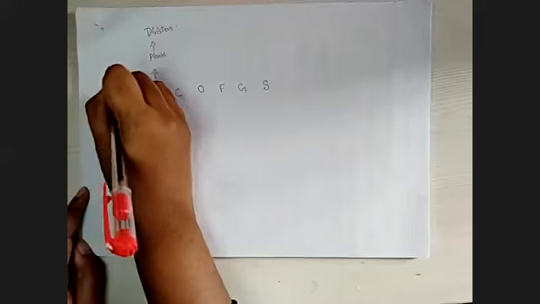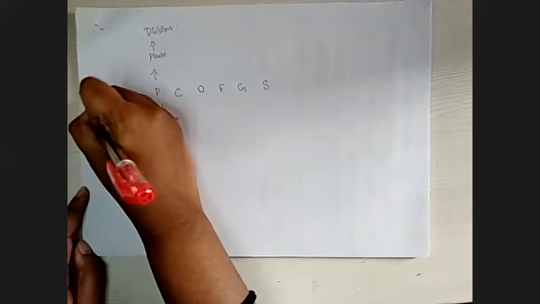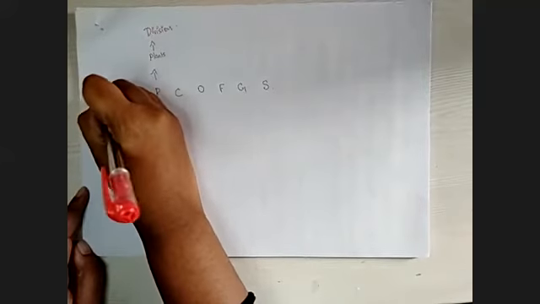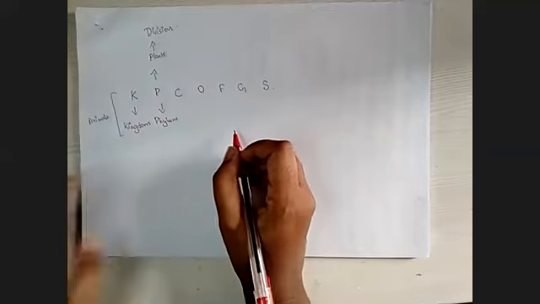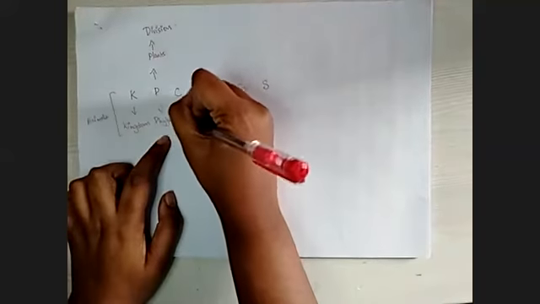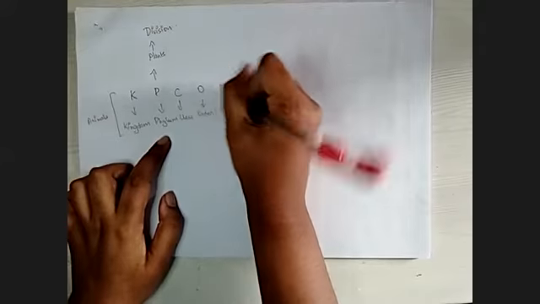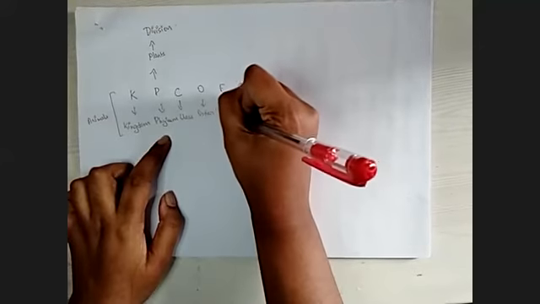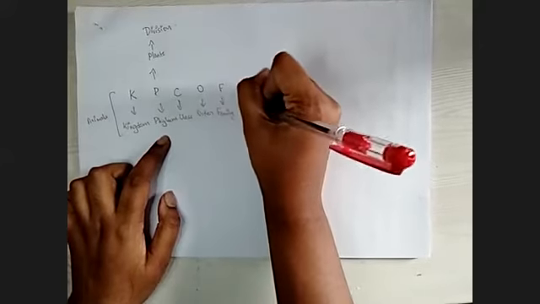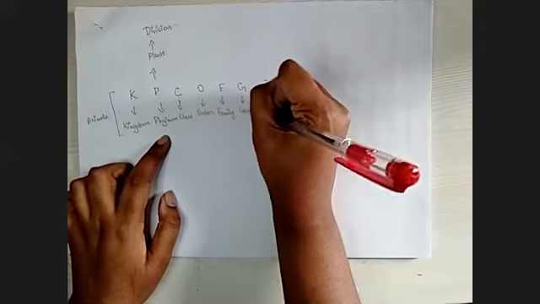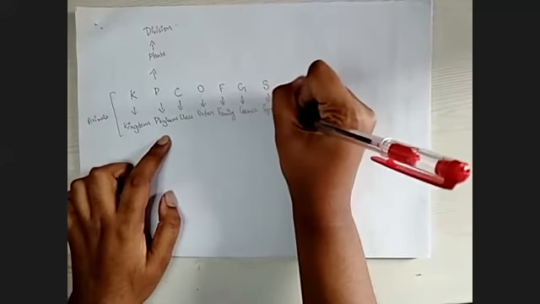So this is for animals. Okay, so we've got class, order, family, genus, and species.